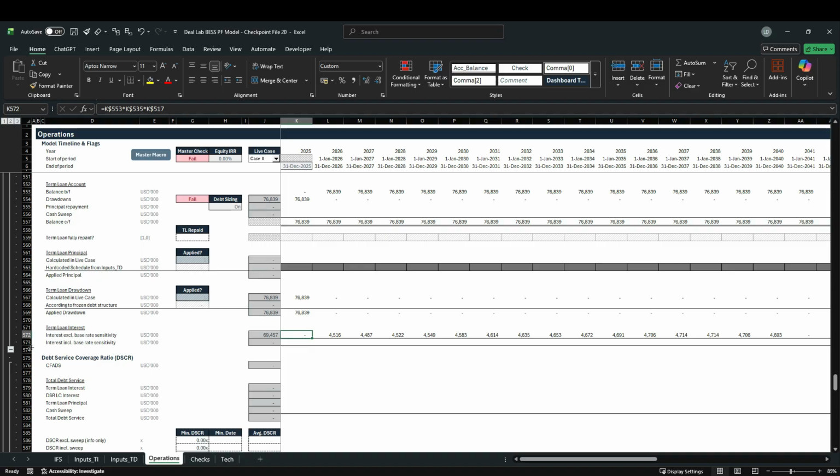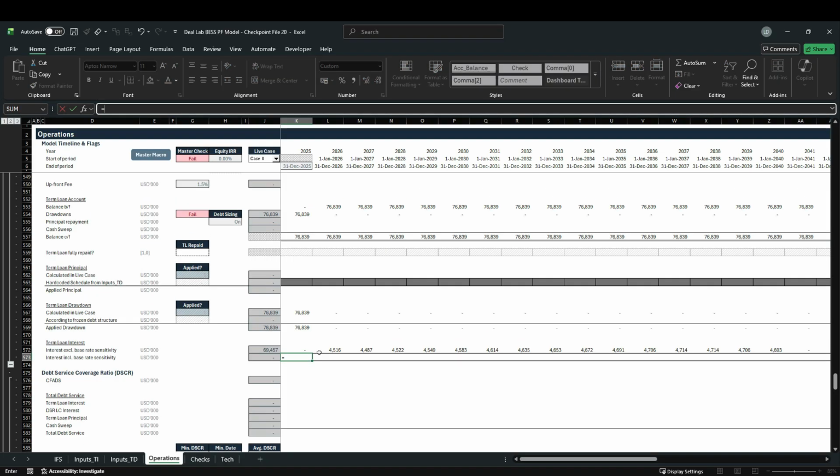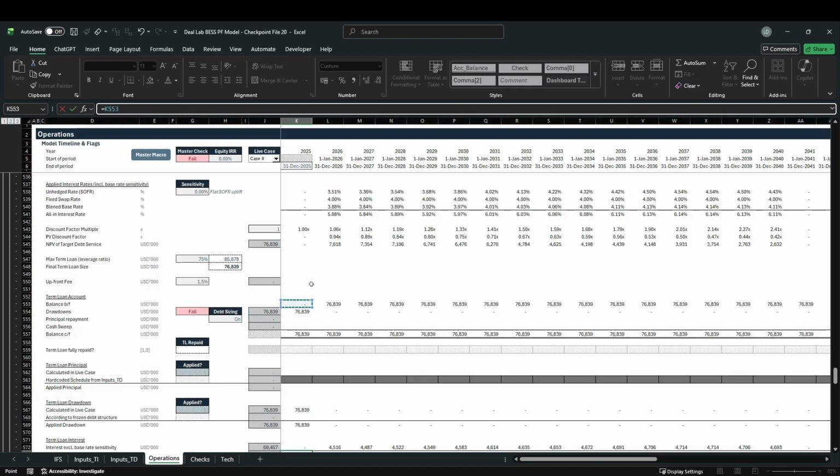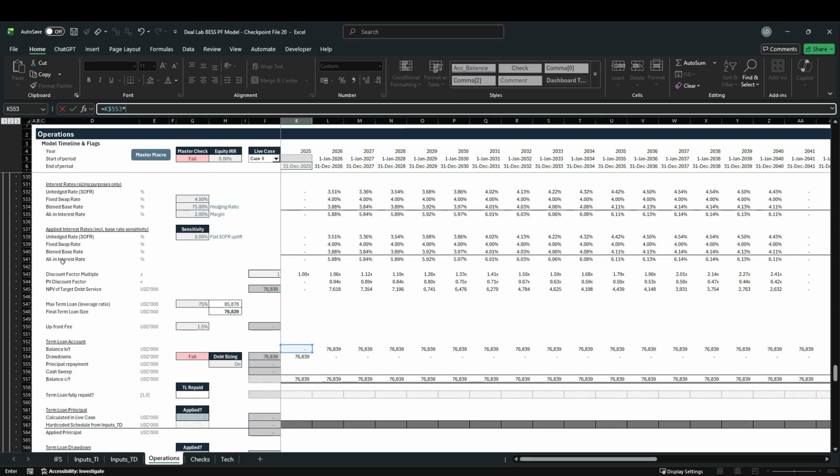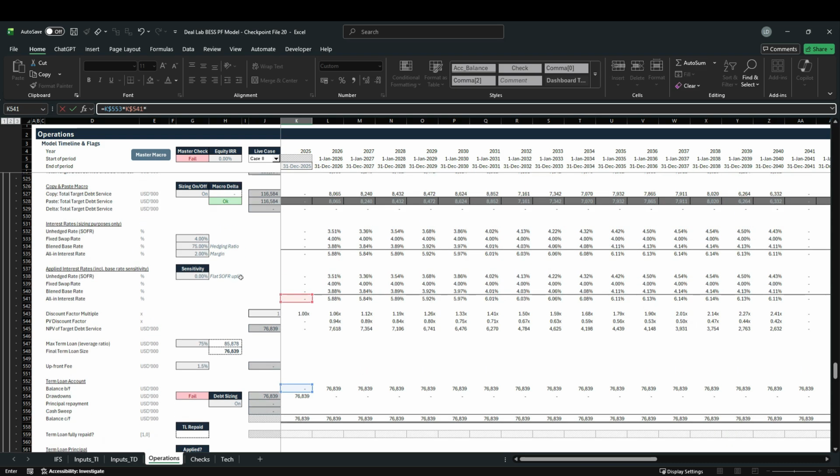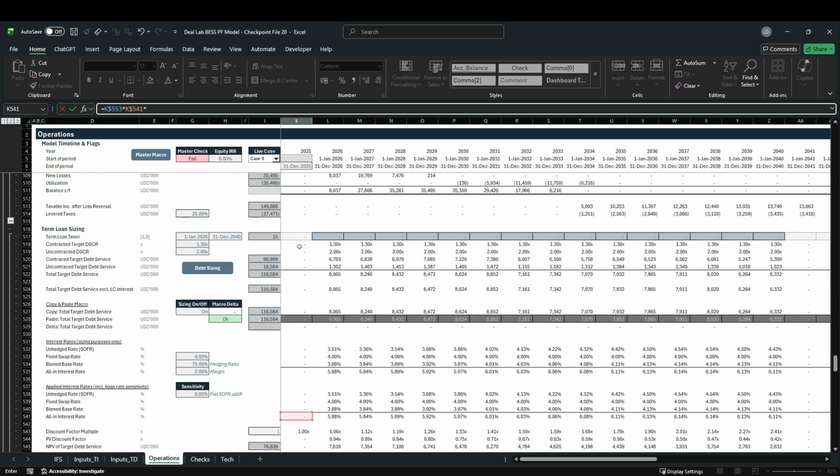And now let's do the same exercise for our interest, including base rate sensitivity. So we again pick up our balance brought forward, F4 2 times. And now we multiply with our all-in interest rate, which includes our base rate sensitivity. Hit F4 2 times. And that's multiplied with our flag again.